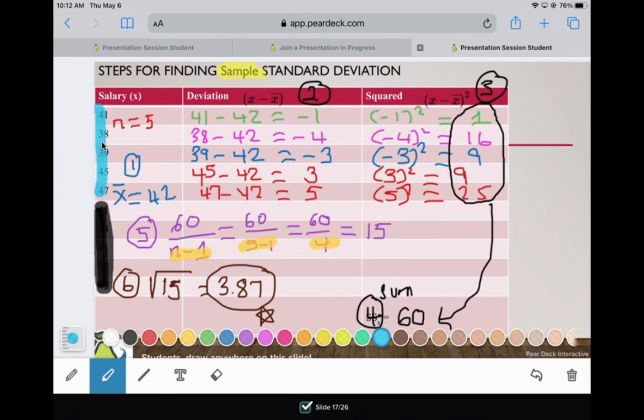And then I divide by 5 because there are 5 numbers. So this 42 is the average. I add all the numbers that I just highlighted in blue, add them up and then divide by 5 because I have 5 numbers.